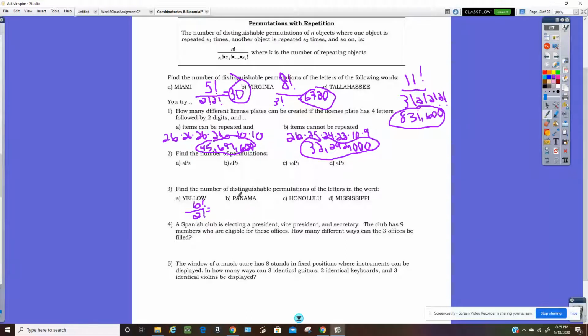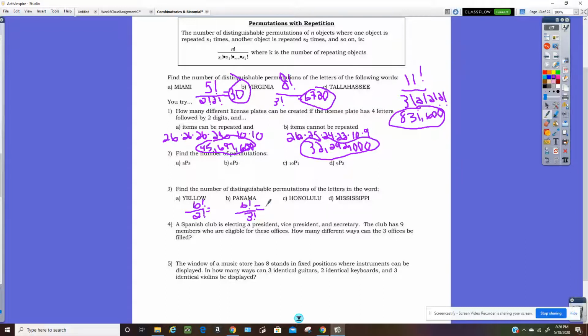And for Panama, 1, 2, 3, 4, 5, 6. So there's 3 A's, and this one would be 6 times 5 times 4.